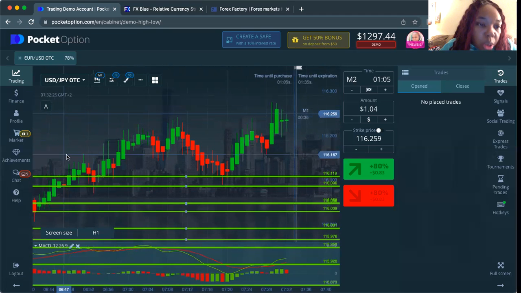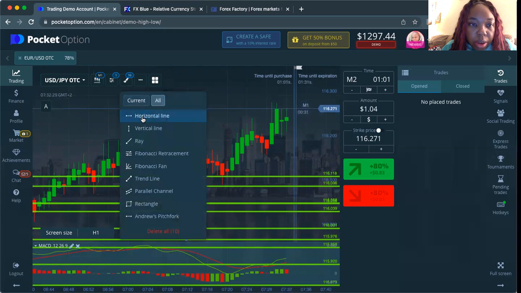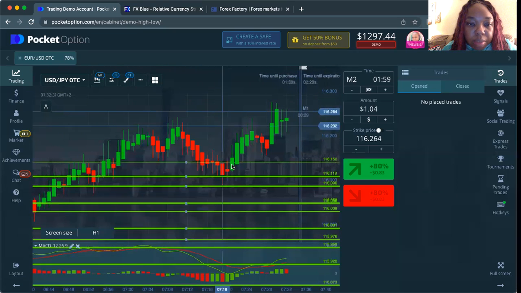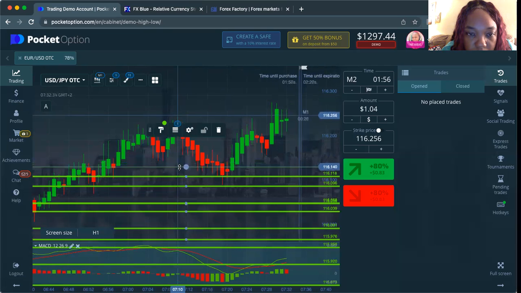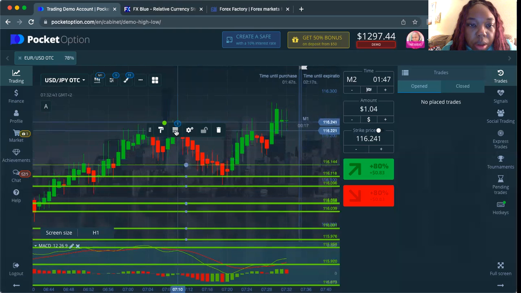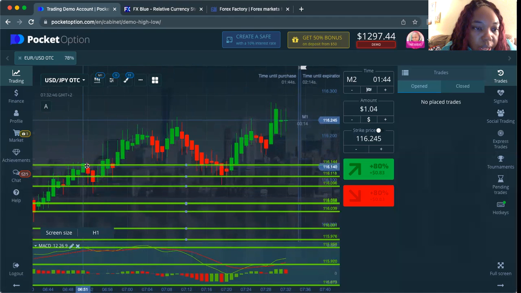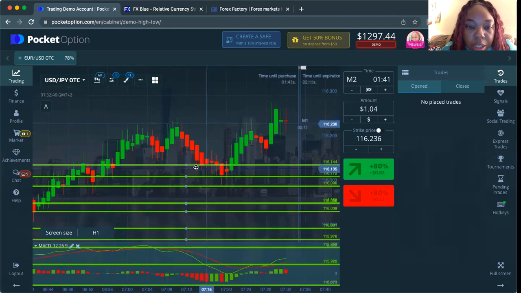Okay, so let's mark some more here. Again, click on, oh, you know what? I didn't even have to mark it because I'm pretty sure I had some more horizontal lines somewhere along the way, but it's okay. All right, so why did I choose this area?